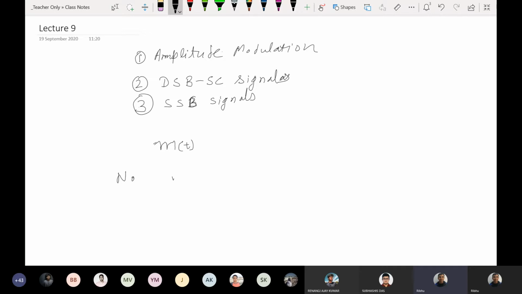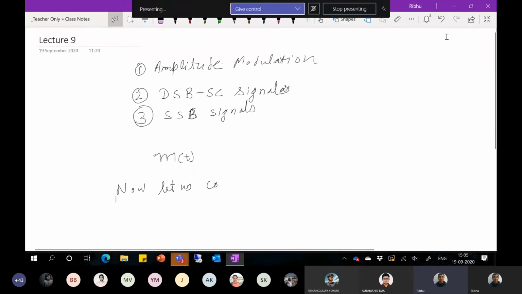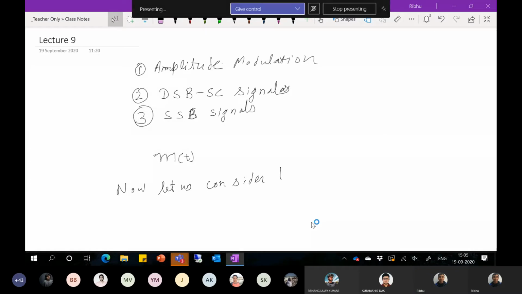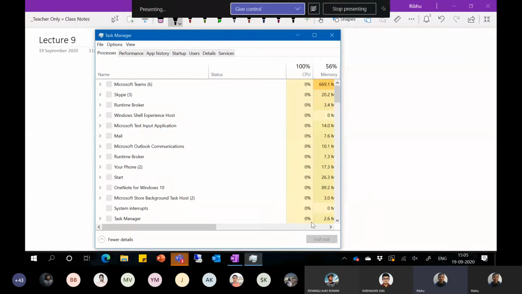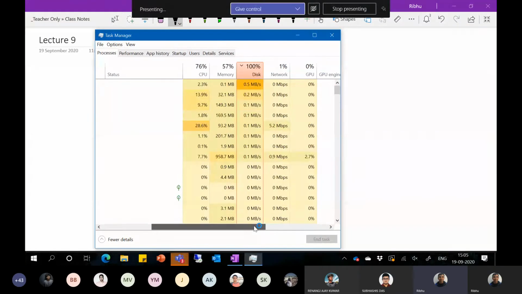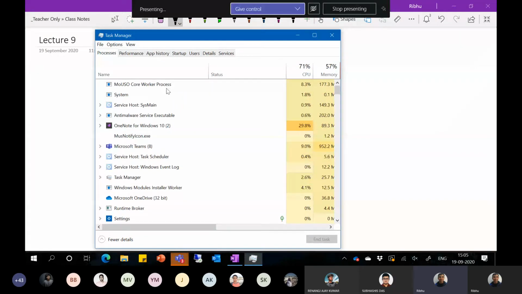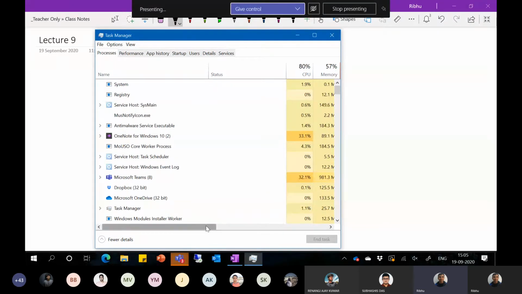This is embarrassing. Let me close a few applications and then see if things work. 100% CPU usage, 100% disk usage. No doubt this is troubling.